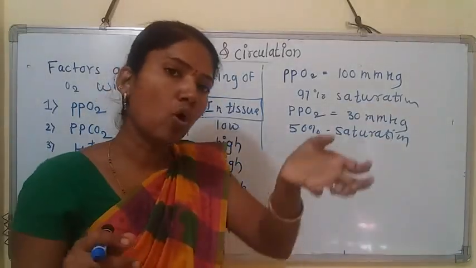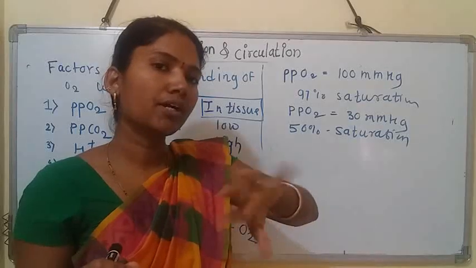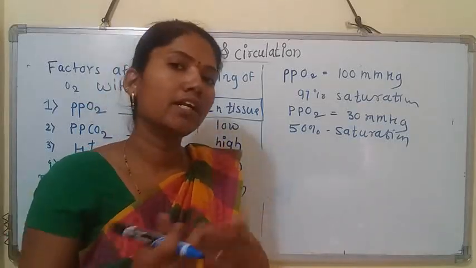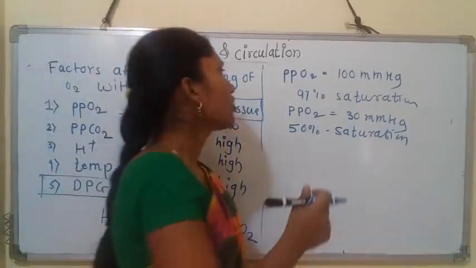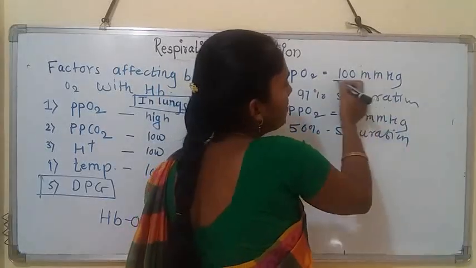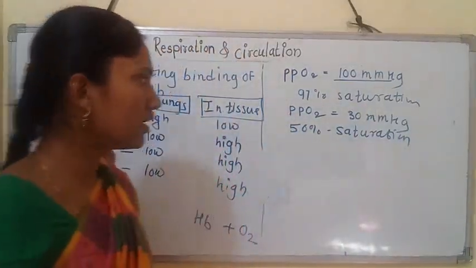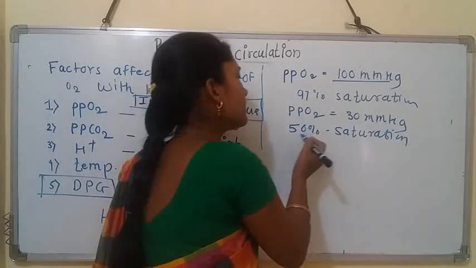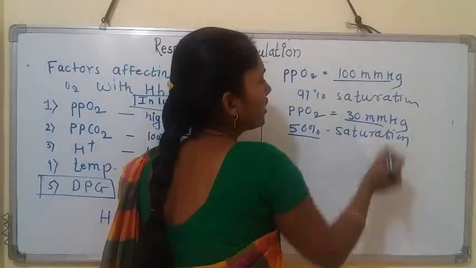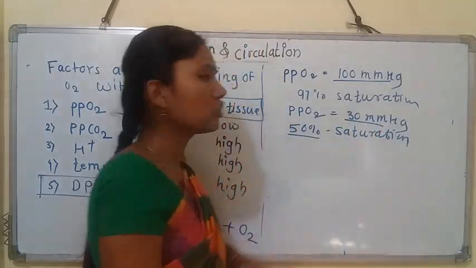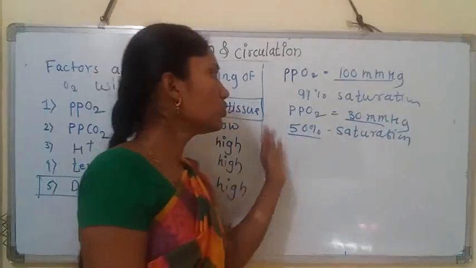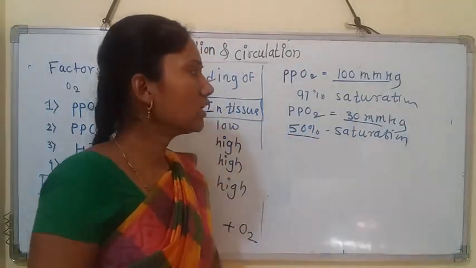Third, fourth, when all 4 oxygen molecules bind to the hemoglobin, then it gets saturated. So hemoglobin gets saturated when partial pressure of oxygen is 100 mm of Hg. 50% saturation takes place when there is 30 mm of Hg partial pressure of oxygen. So this information is given in the state board.